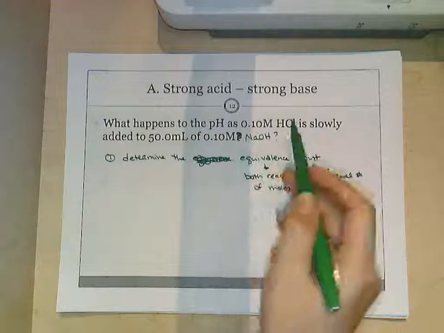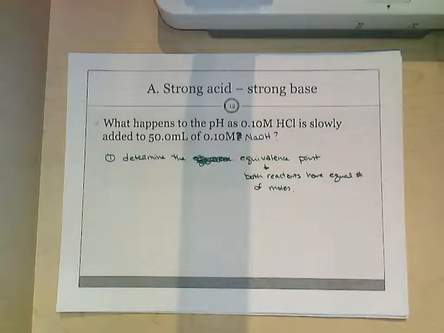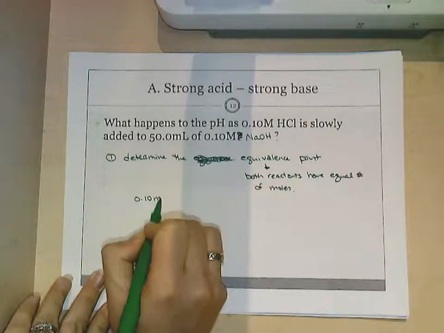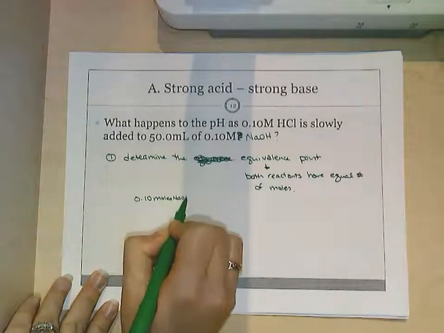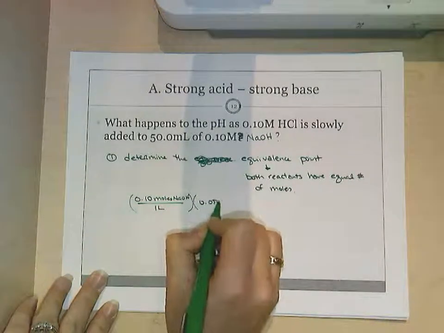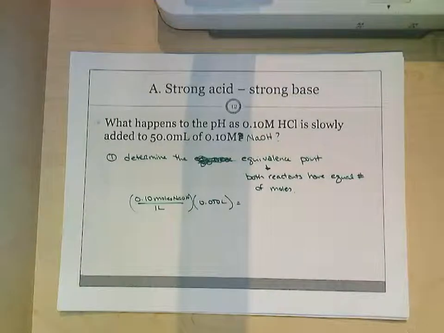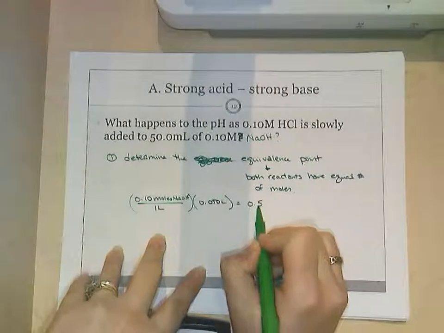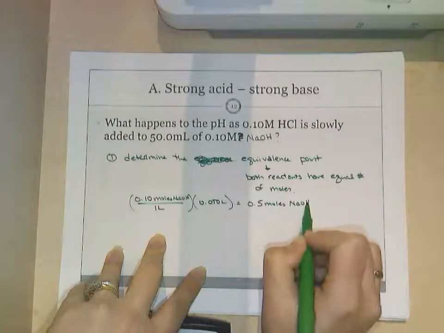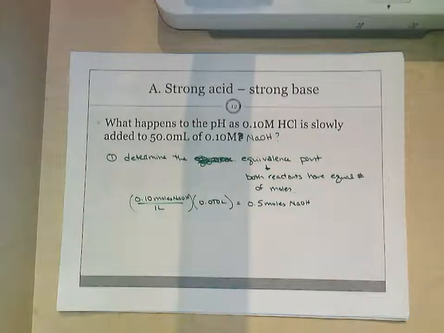Which one can I figure out moles from first? Right, sodium hydroxide. So if I do this, I have 0.01... All right, so I know I have that many moles of sodium hydroxide.